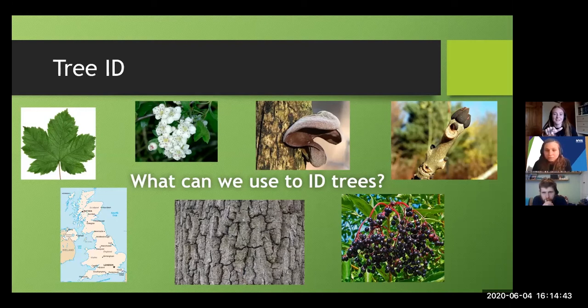This one, I'm not going to tell you what it is because I'll tell you in a bit. But that is a fungus. That picture is basically just to say things that are associated with it. That's a lot of the time how we can decide what it is as well. That's the buds, the seeds, bark, and location. It's that one.